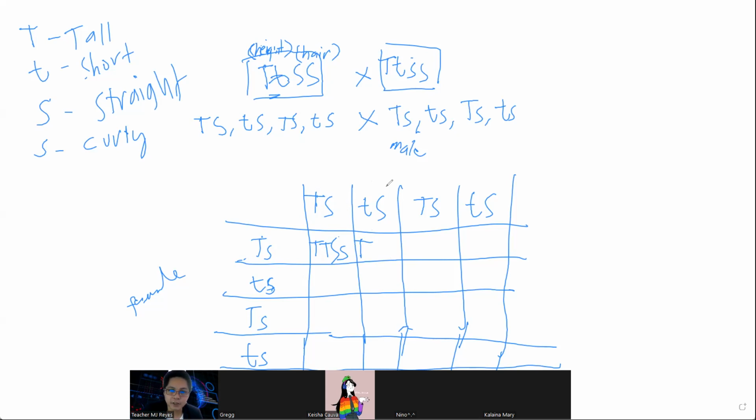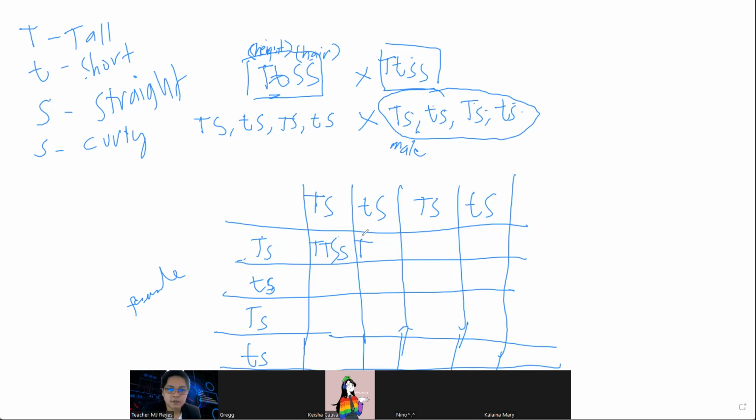But in the case of your variables, you need to write what is actually the first gene that is being discussed, the first gene that is actually in your given. Because we started with height, you need to start with the height and followed by the second gene, which is the hair. Okay, let's continue.